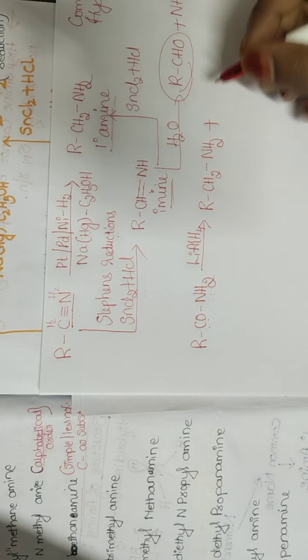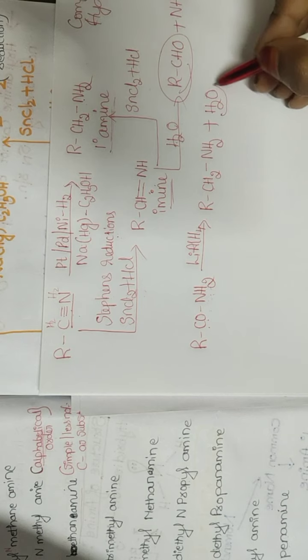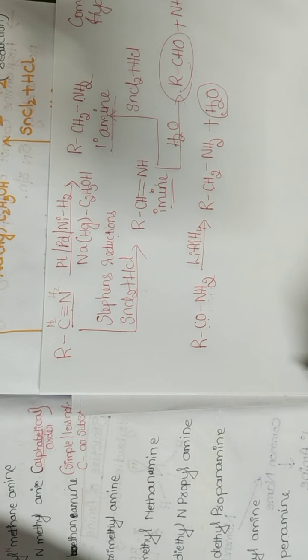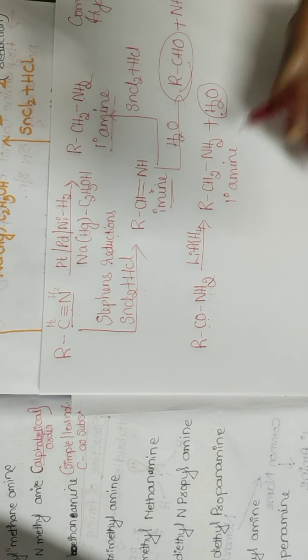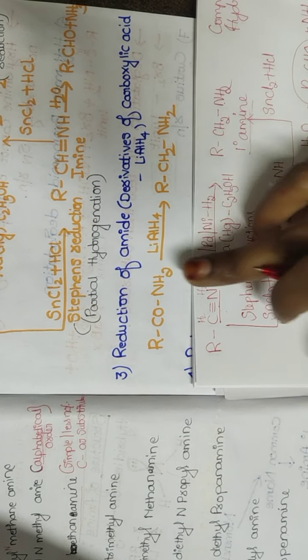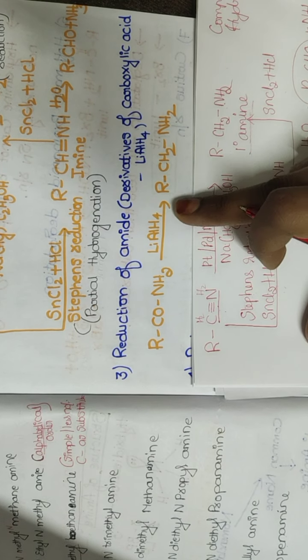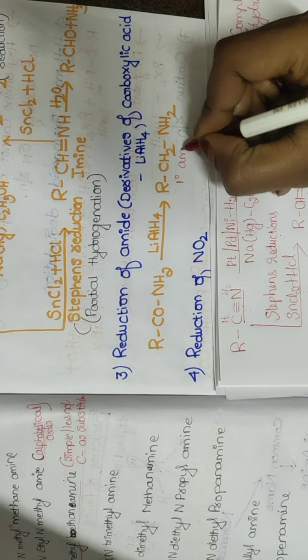The removed oxygen will also be added with 2 hydrogen, so that the byproduct will be water. So again we are ending up with a primary amine. This is one of the simplest reactions, where we reduce the amide with lithium aluminium hydride so that I'll end up with a primary amine.